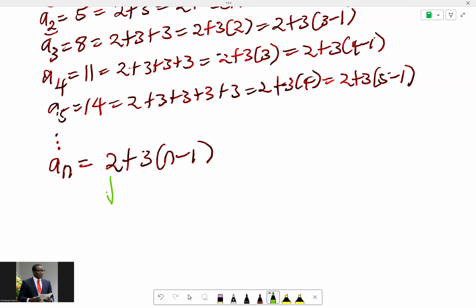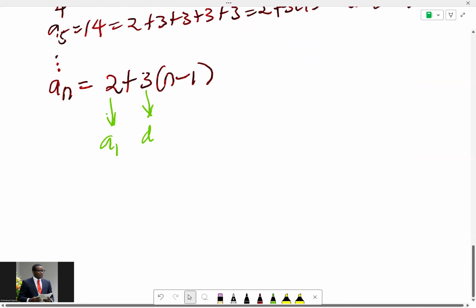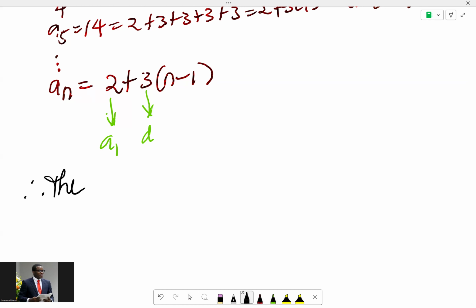So what does that tell us? Knowing that this is a1, the first term, and knowing that this is the common difference, we can say, therefore, the nth term an, we can even complete this.